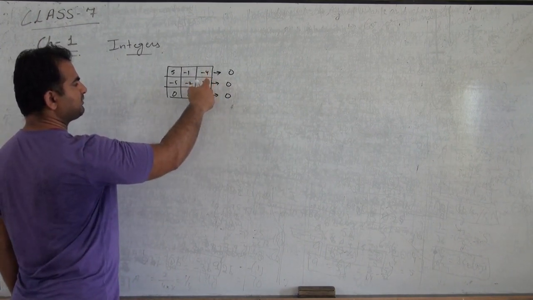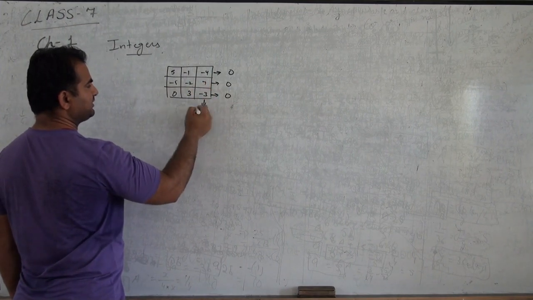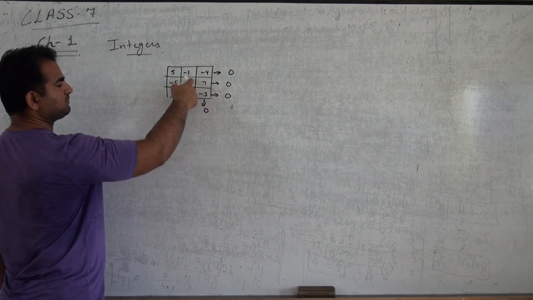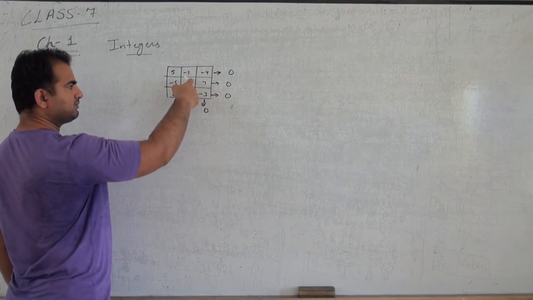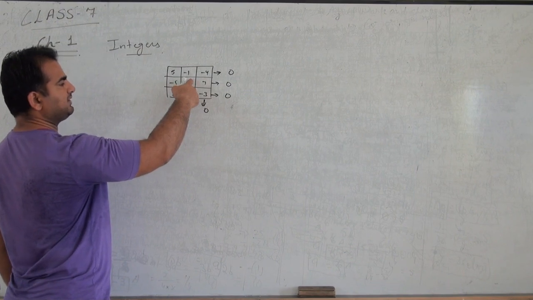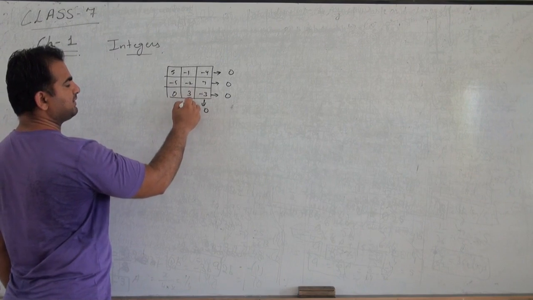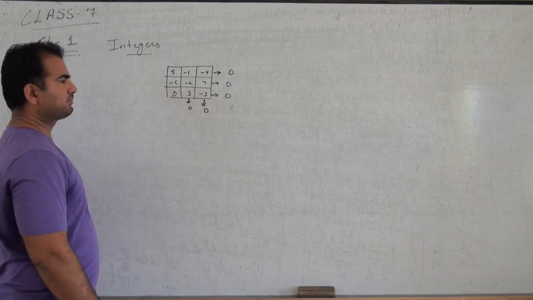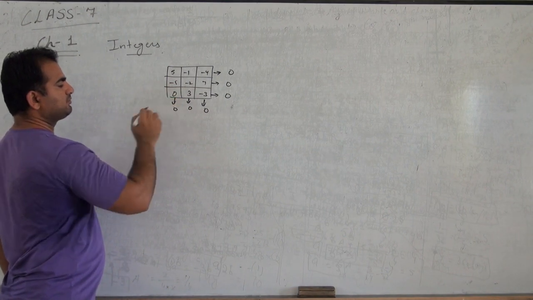What is minus 4 and plus 7? It is plus 3, and minus 3 gives 0. Minus 1 and minus 2 is minus 3. What is minus 3 and plus 3? It will also give 0. What is 5 minus 5? It will also give 0.